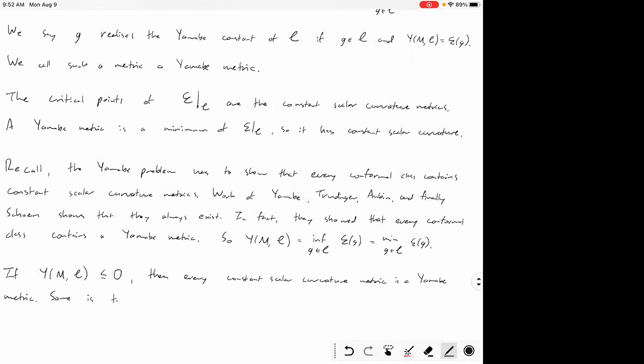Same is true if C contains an Einstein metric. So this is due to Obata in '71. But it's not true in general.